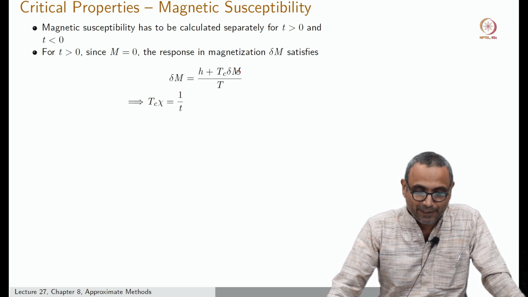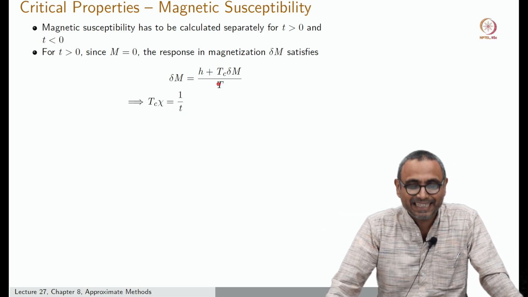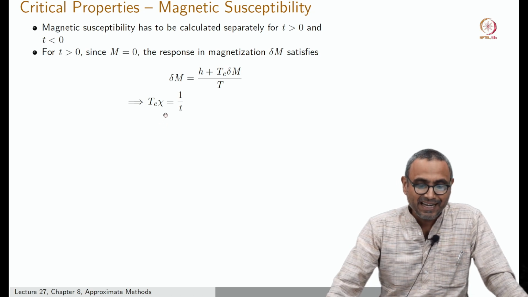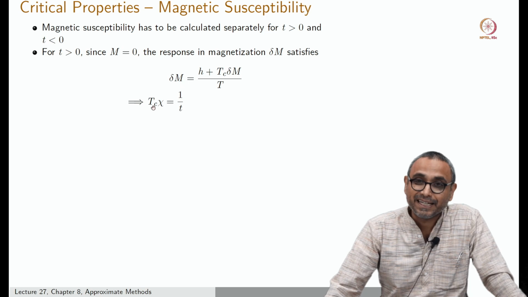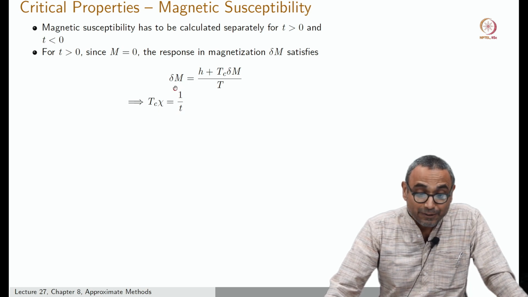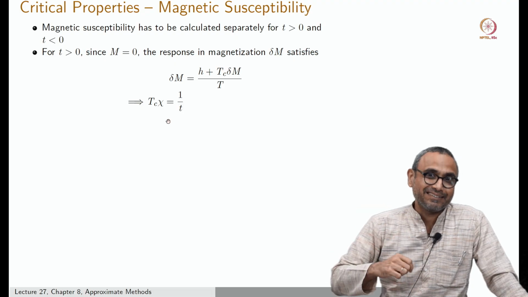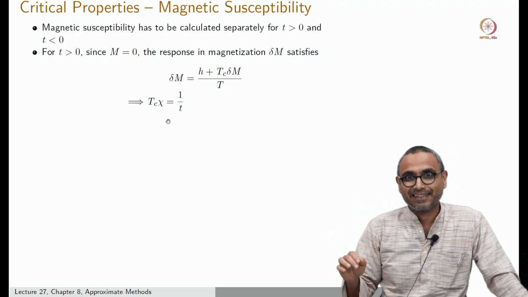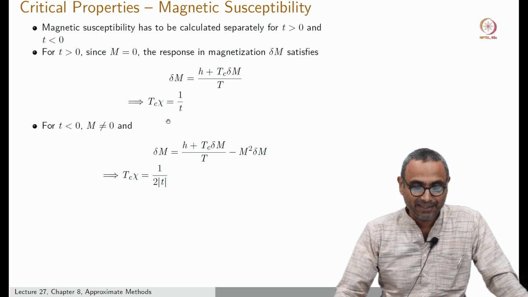You can solve this equation and find delta m in terms of h, and then you can find the proportionality constant, and that proportionality constant is indeed the susceptibility. And that susceptibility, making it dimensionless by multiplying it by Tc, is 1 by t. So it is diverging as 1 by t. This is very nice, right, and this is what is called the Curie-Weiss law.